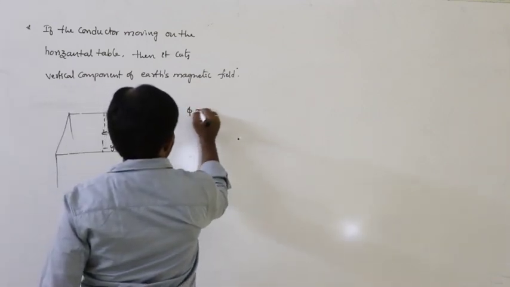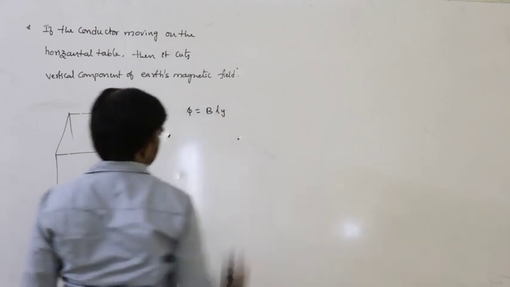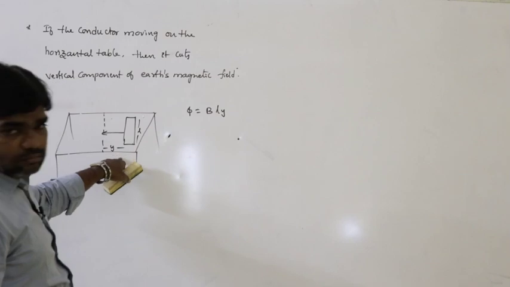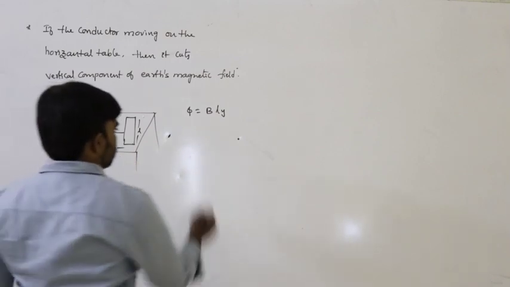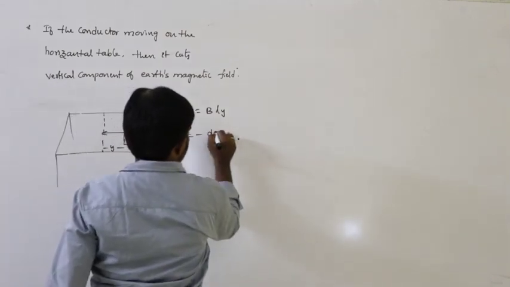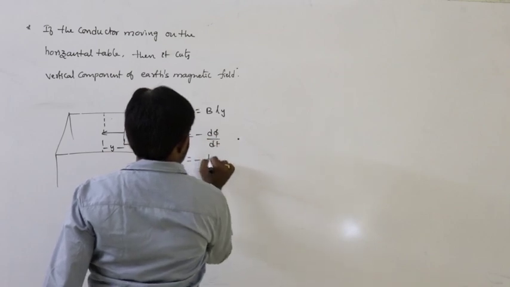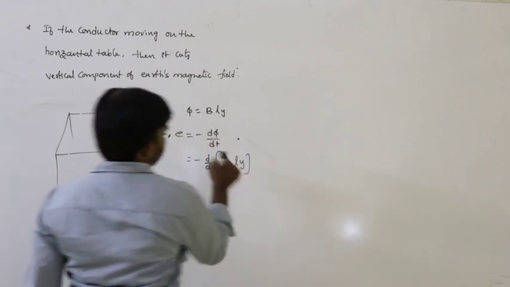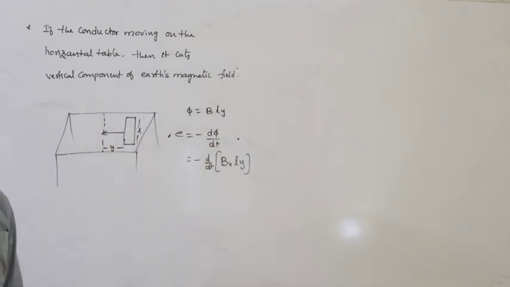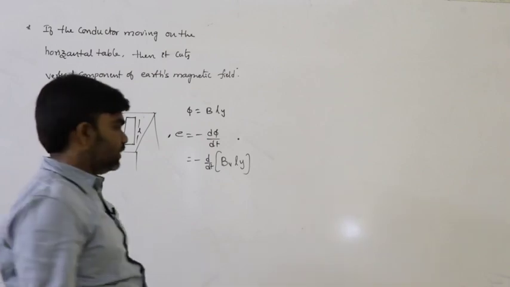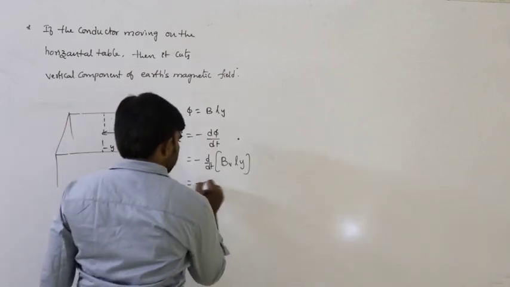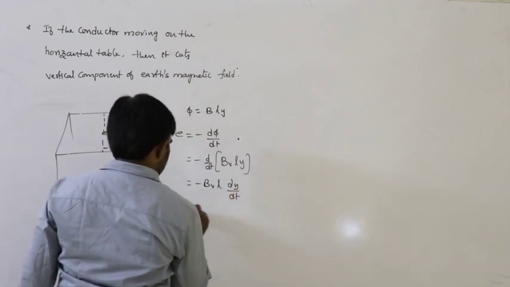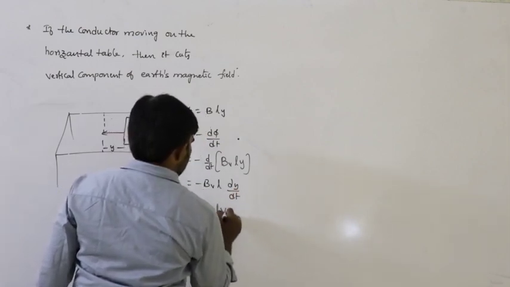So the flux developed is equal to BLy, B into A, where area is length into breadth. Now the induced EMF is equal to minus dφ/dt, minus d/dt of BV L y. BV means the vertical component of Earth's magnetic field. So BV L into dy/dt. Therefore E is equal to minus BV L v.